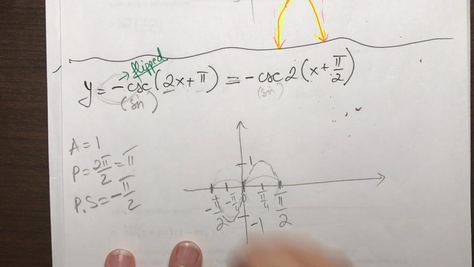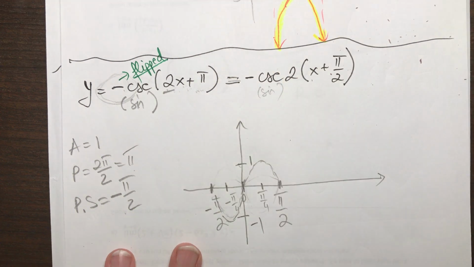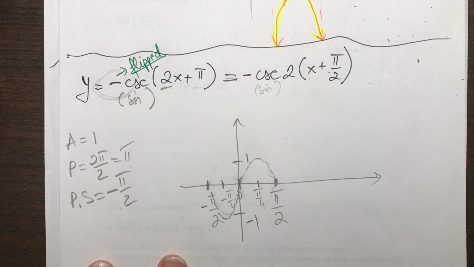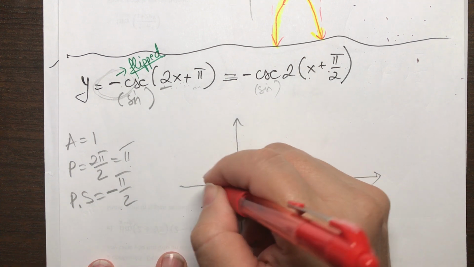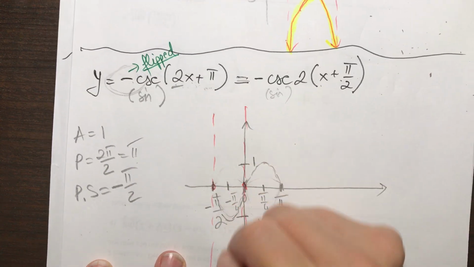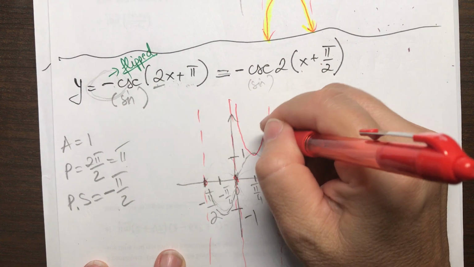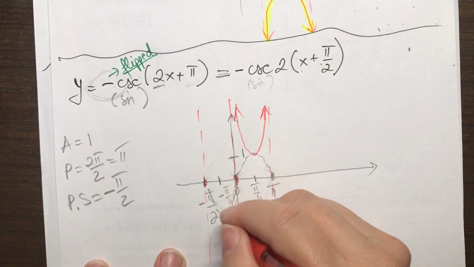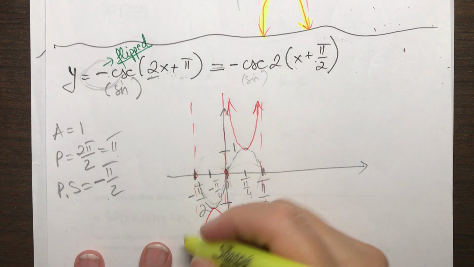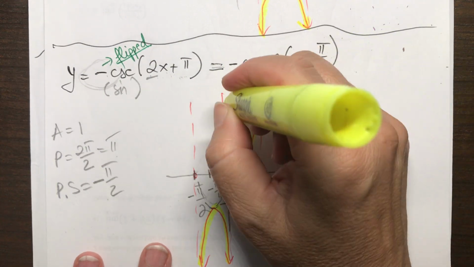So here is my nicely flipped sine wave. What do I do with that? Wherever the sine is crossing through 0, I'm going to make a vertical asymptote, and I'm going to draw right on top of it. So this is the graph of that cosecant function right here.